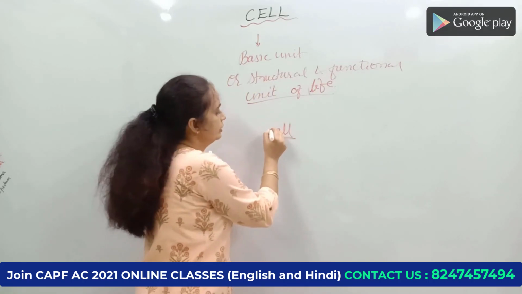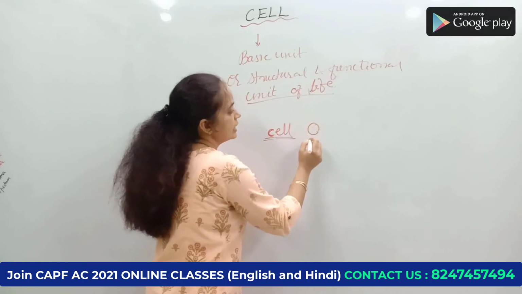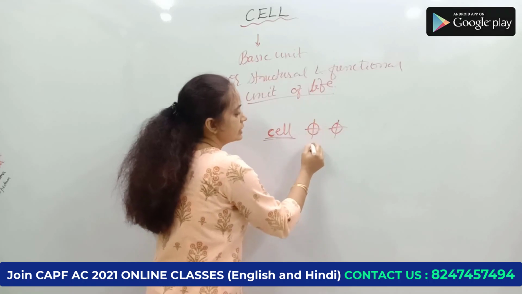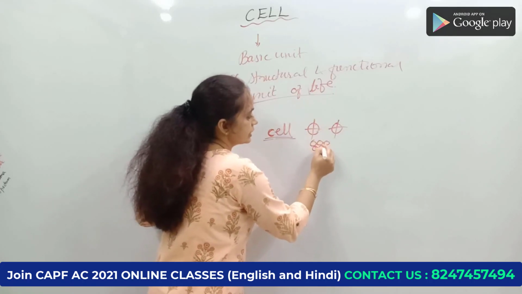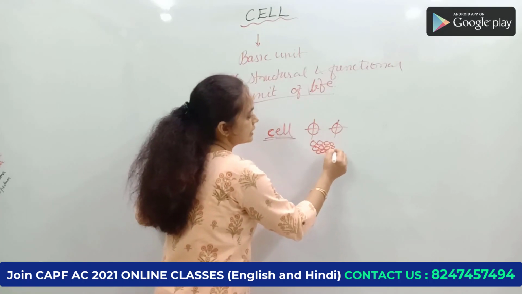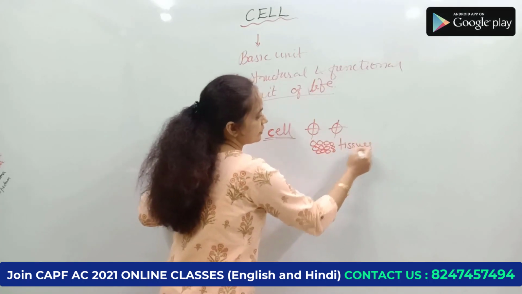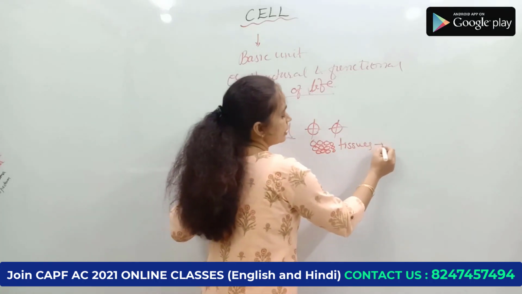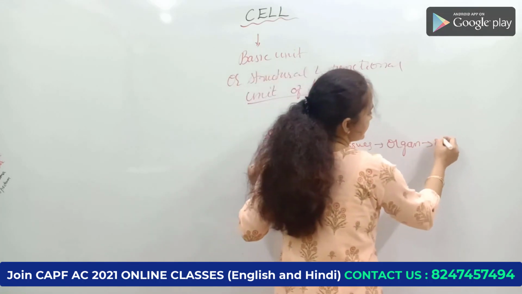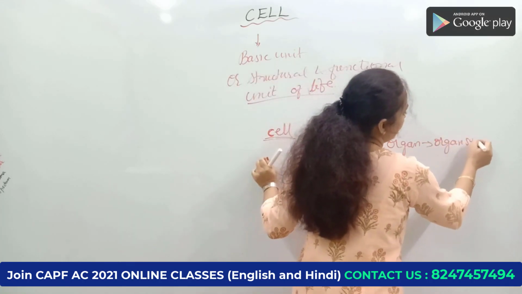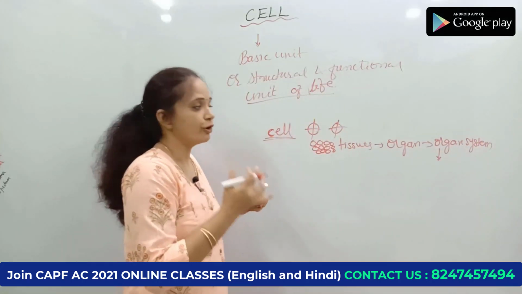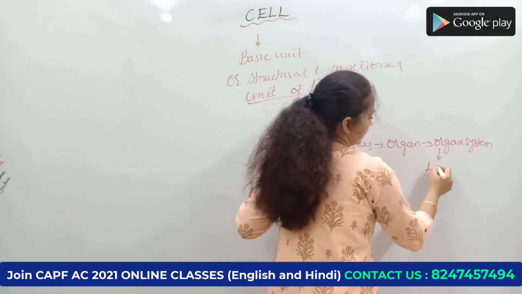Each cell divides and multiplies. These cells which get divided form groups. This group of cells forms tissues, a group of tissues forms an organ, and different organs form an organ system. Different organ systems form a living body.